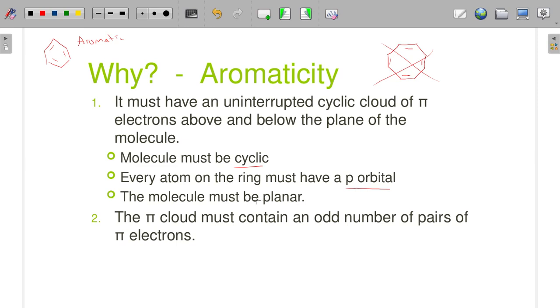So planar is a possibility. So once you know all these 3, the next thing you want to ask is: is there an odd number of pairs of electrons? And we have 1, 2, 3 pairs of electrons, 1, 2, 3, 4 pairs of electrons. The odd number is darn important. And just because of that, this one is aromatic.